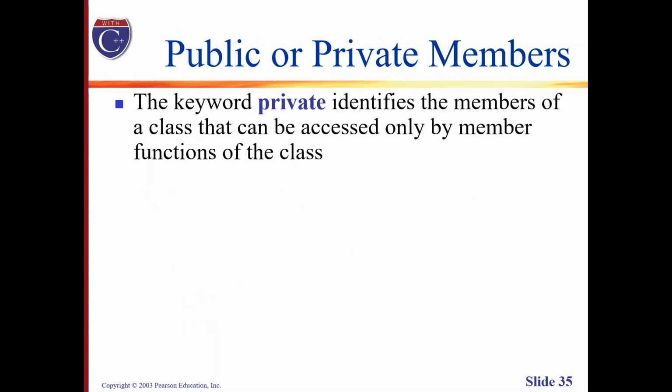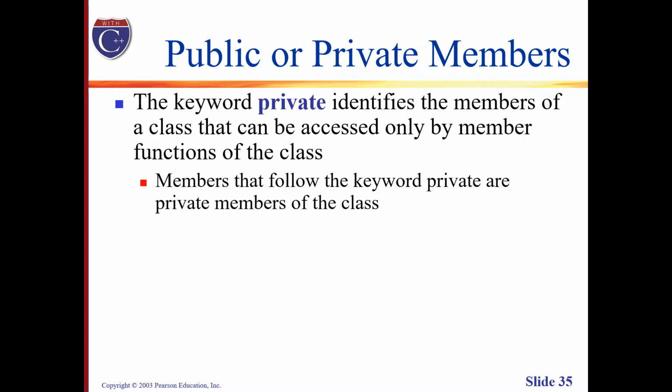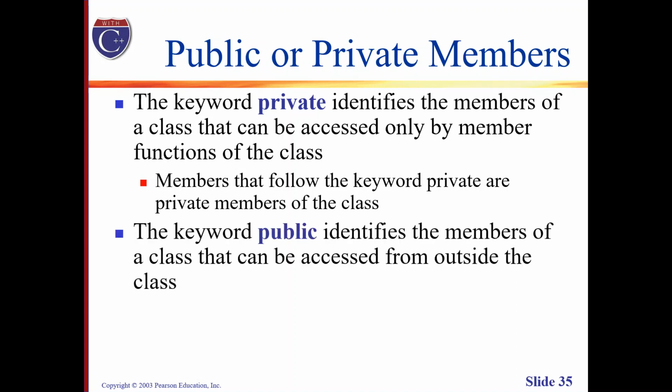The keyword private identifies the members of a class that can be accessed only by member functions of the class. Members that follow the keyword private are private members of the class. On the other hand, the keyword public identifies the members of a class that can be accessed from outside the class.